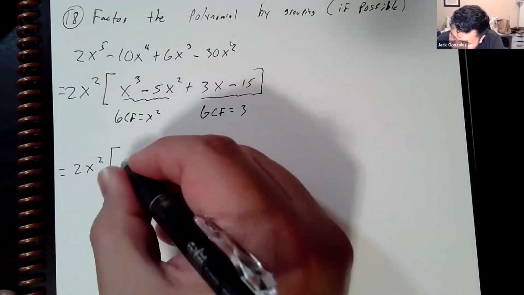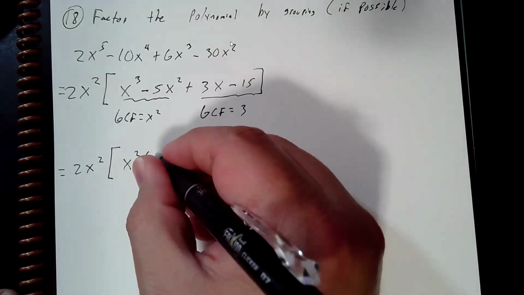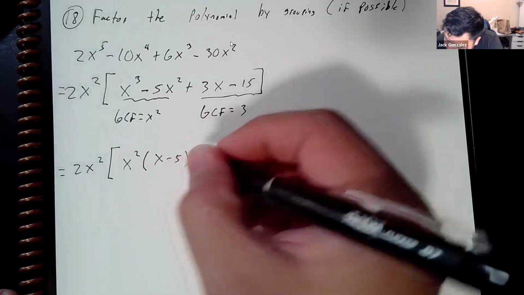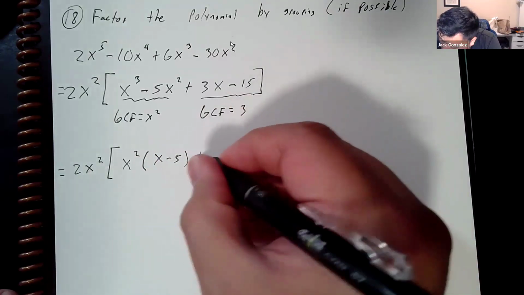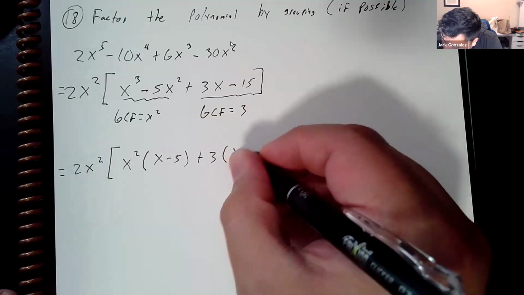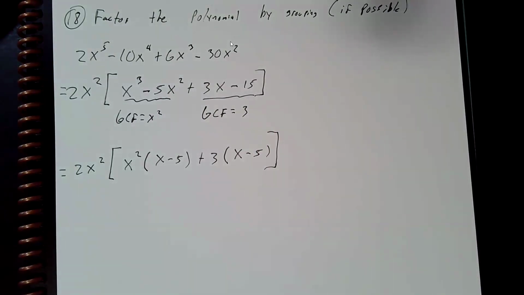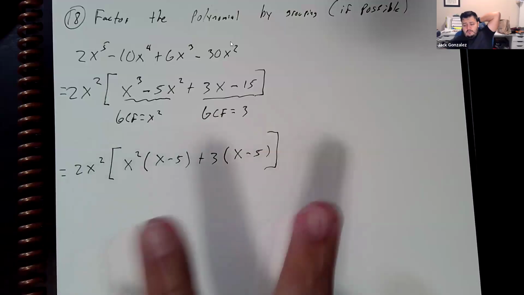Okay, so factor out x squared from the first two. That'll leave me with x minus 5. Factor out a plus 3. That leaves me with x minus 5. Y'all agree? Yeah. Okay, so now we got what I wanted, right?